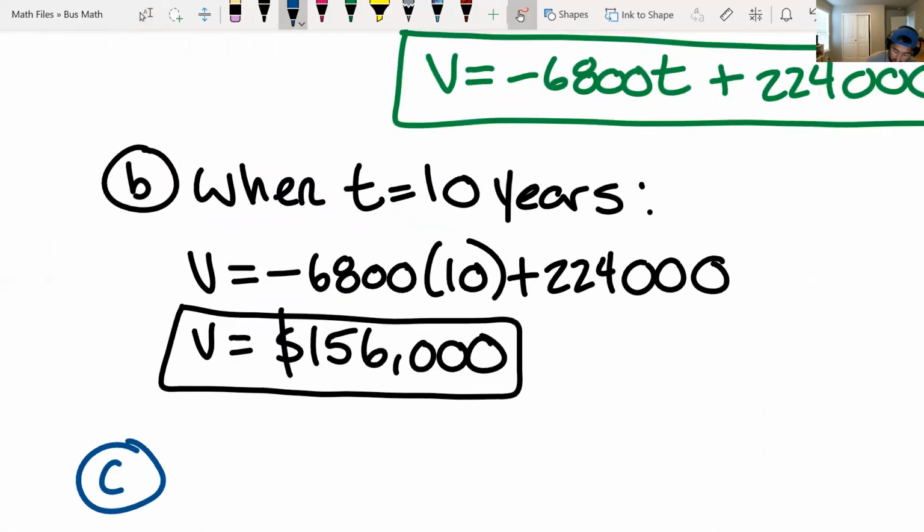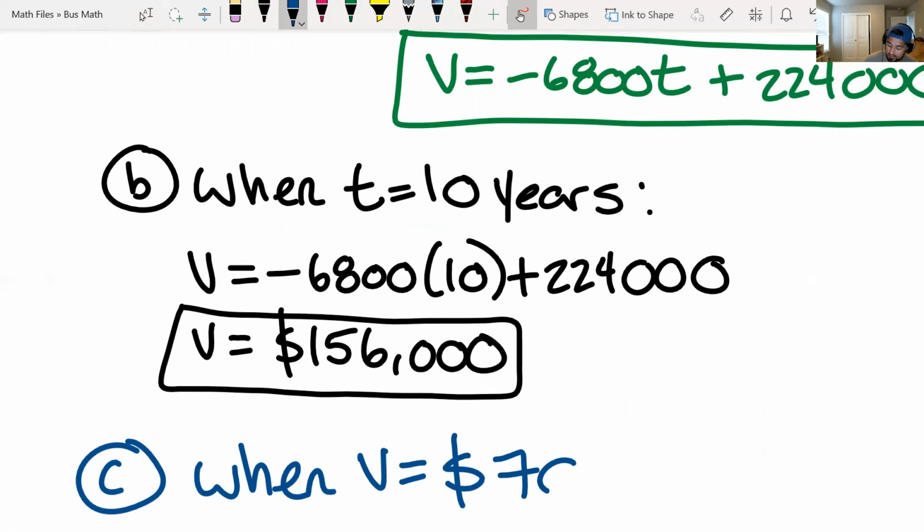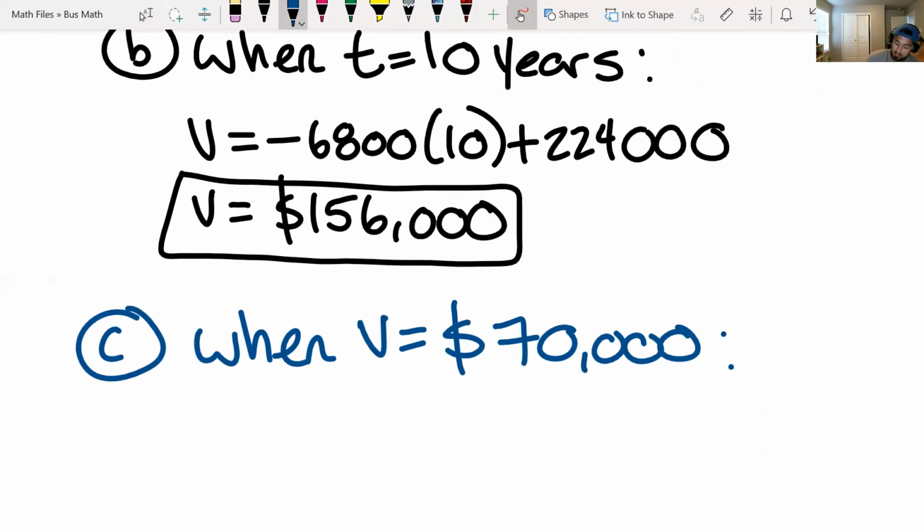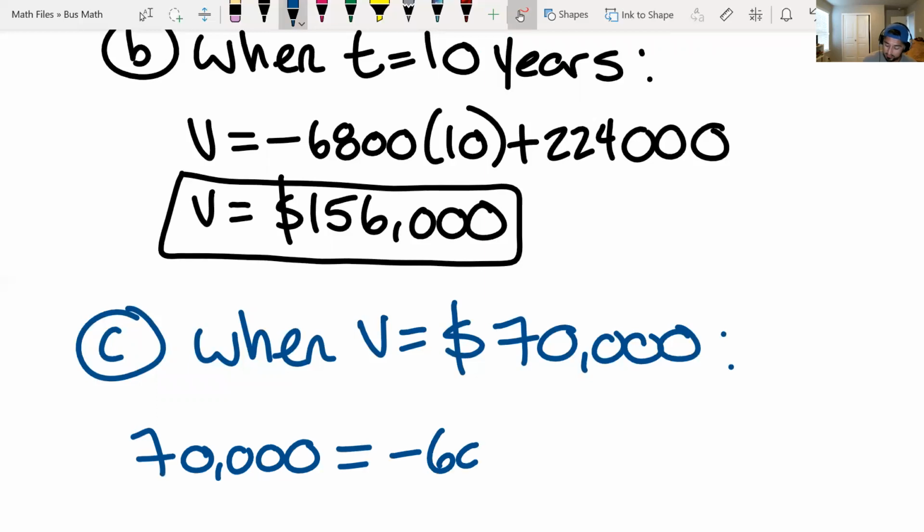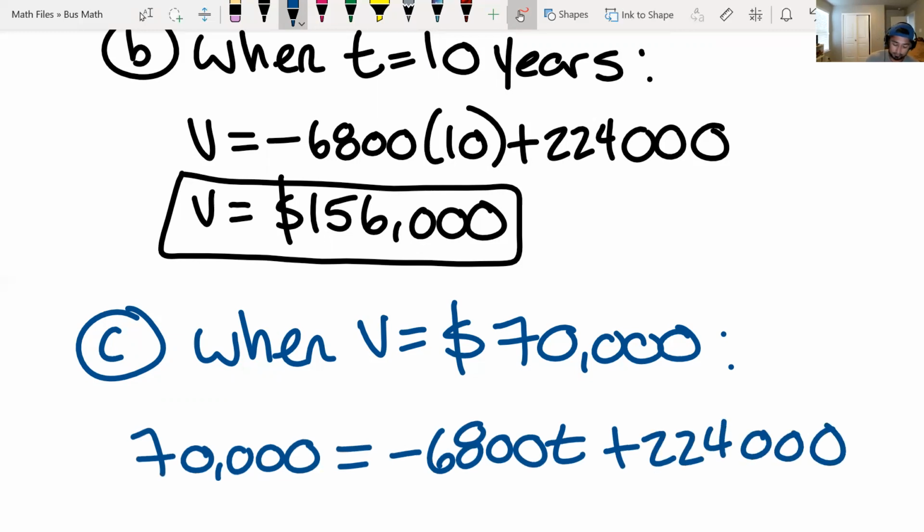Okay. So C. When V equals 70,000. You take 70,000 and set it equal to negative 6,800 T plus 224,000.